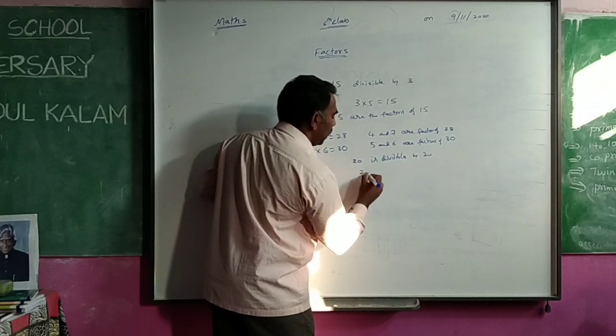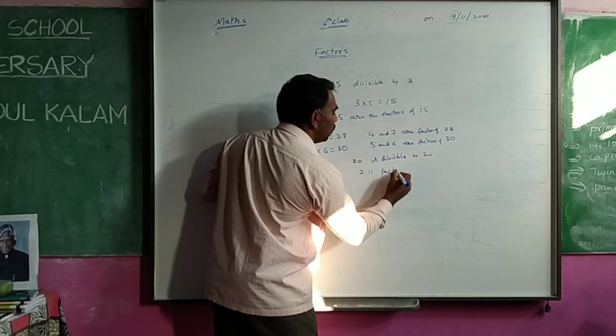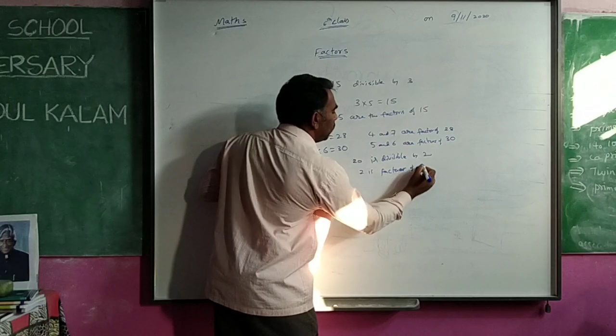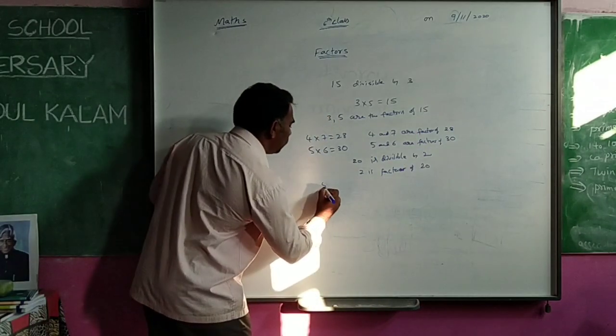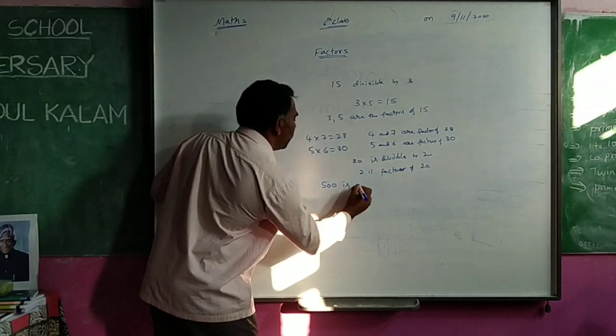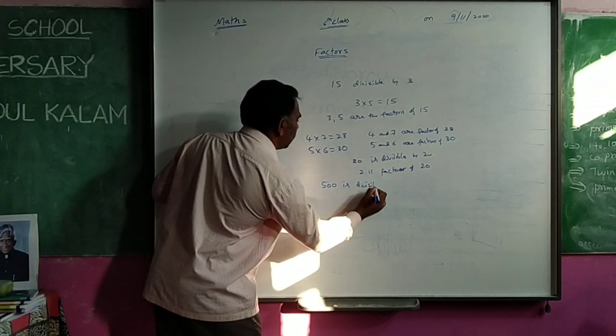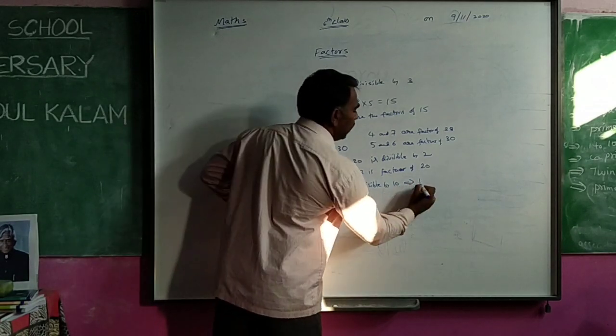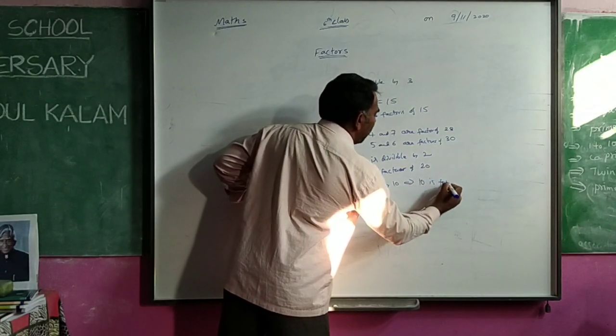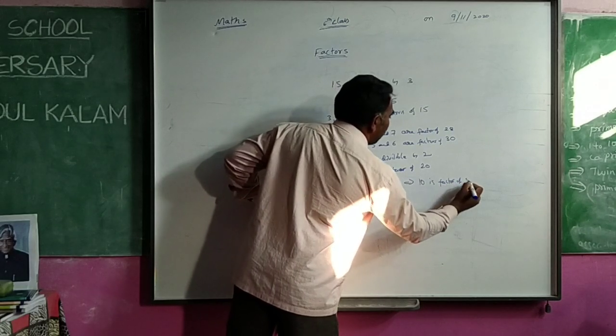So what can you say? 2 is a factor of 20. I know that 500 is divisible by 10. So what can you say? 10 is a factor of 500.